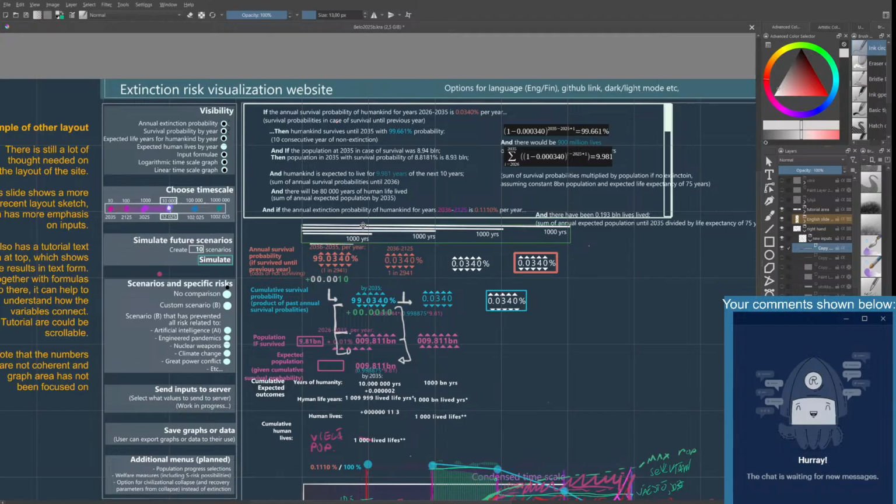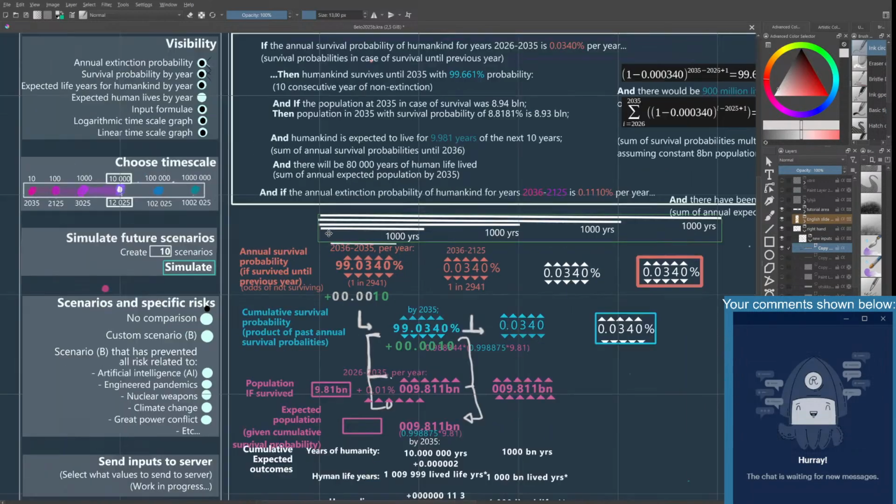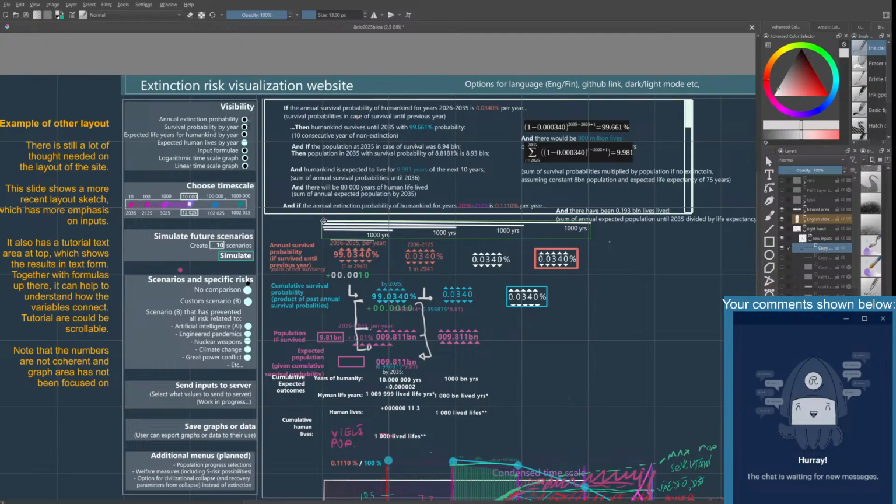So it would be up here, and then I would want to have a little bit better distinction from this tutorial, although if the tutorial is in this kind of box maybe it helps already. Or maybe I could have some kind of text up here on the left about this being some kind of time scale indicator or something like that.